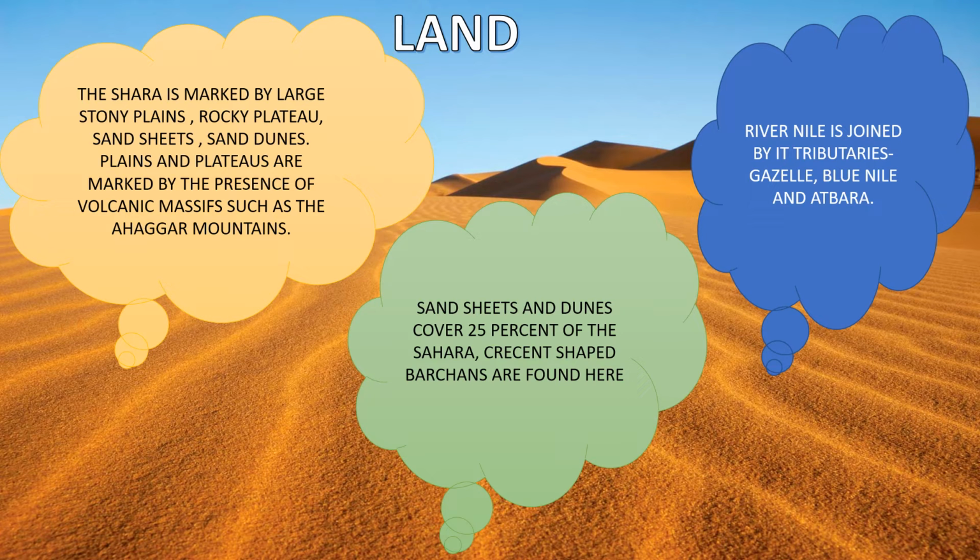In our previous chapters, we have already discussed barchans; they are crescent-shaped small dunes. The River Nile flows through the eastern edge of the desert. It is the longest river in Africa, and its tributaries are Gazelle, Blue Nile, and Atbara.